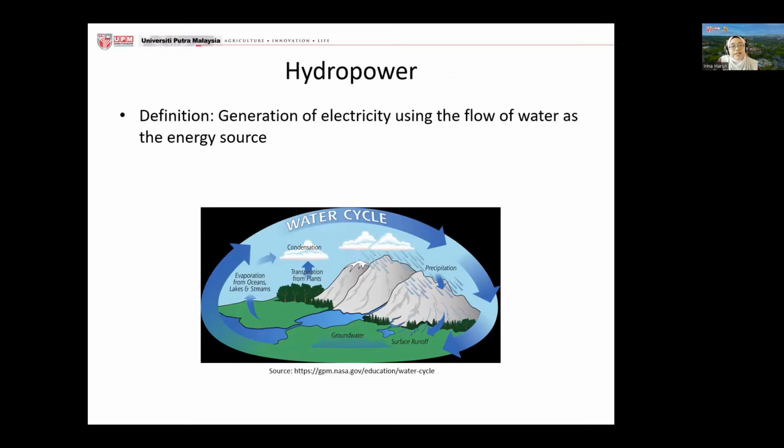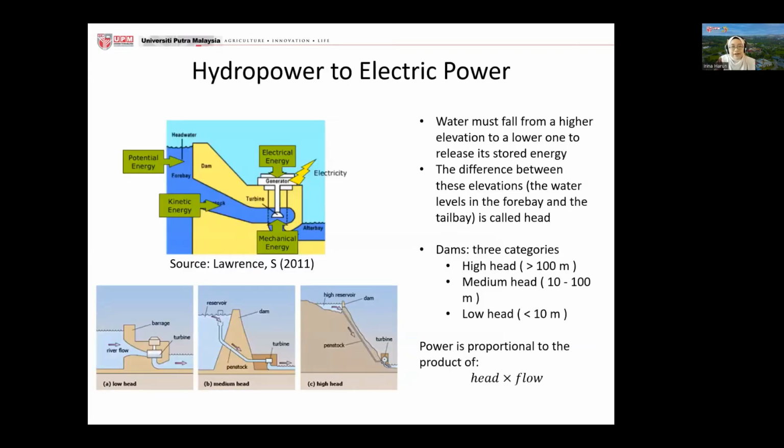Hydropower is actually generation of electricity using the flow of water as the energy source. And here I just put in the water cycle, to relate back to water, because usually for hydropower, it will involve dams. And dams usually have a certain specific area and geographical location that you have to consider, right?